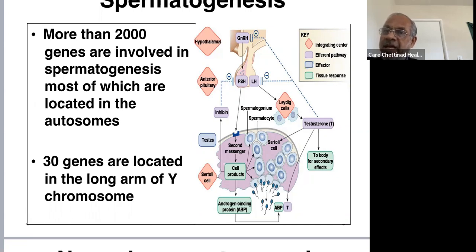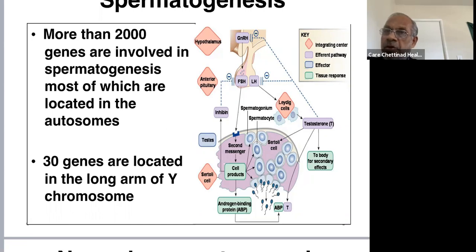FSH, on the other hand, acts on the Sertoli cell, and Sertoli cells are the nursing or supporting cells for spermatogenesis. These cells also produce inhibin, which suppresses FSH secretion. Sertoli cells also produce transferrin, which supports the growing germ cells.